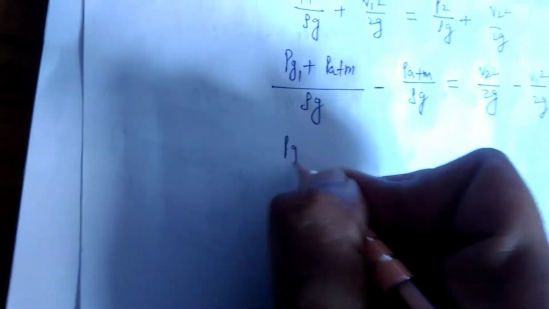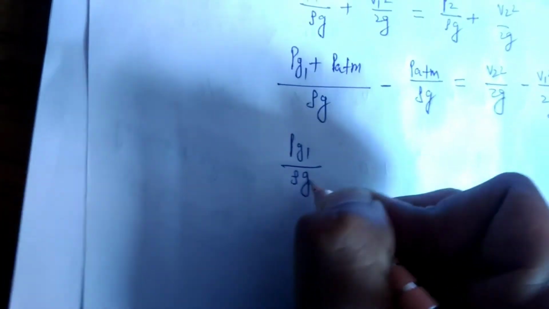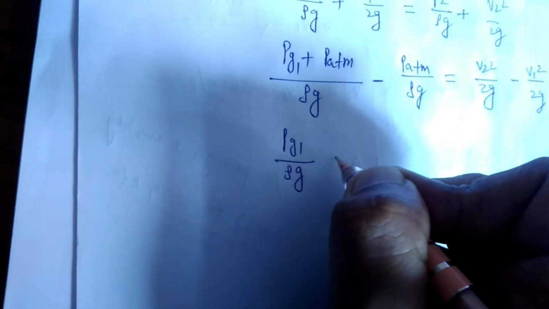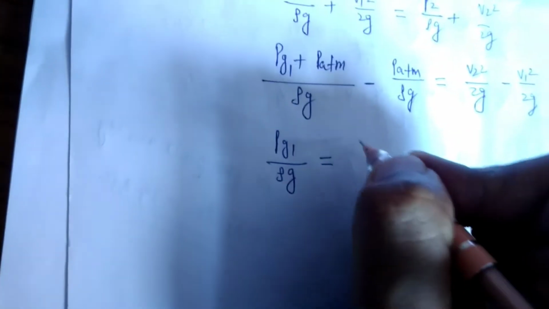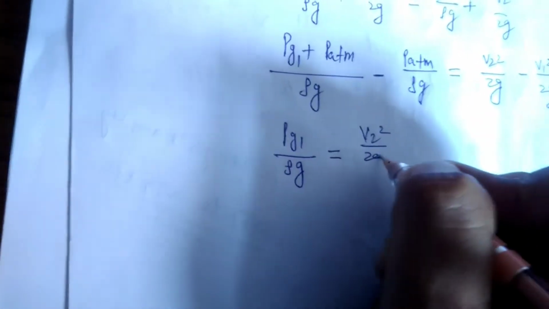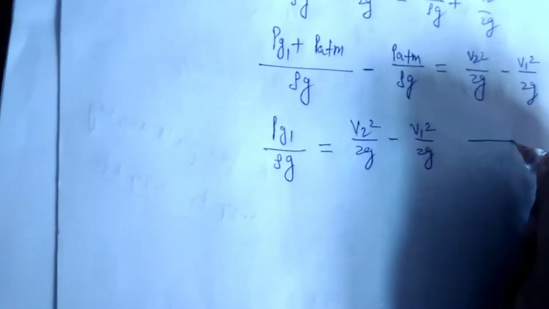Or Pg1 upon rho g is equal to V2 square upon 2g minus V1 square upon 2g. This is our equation first.